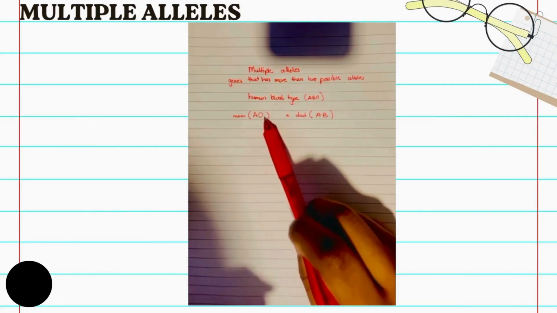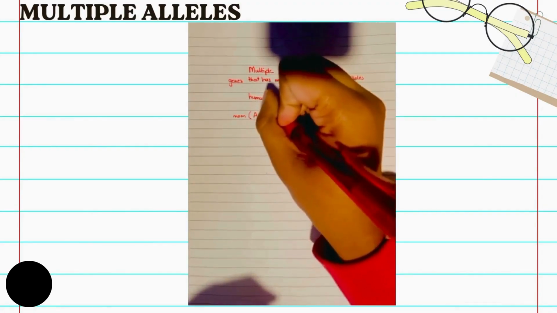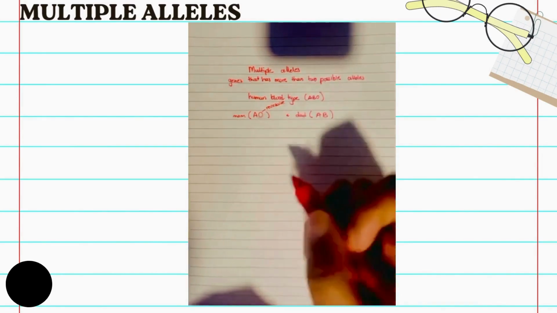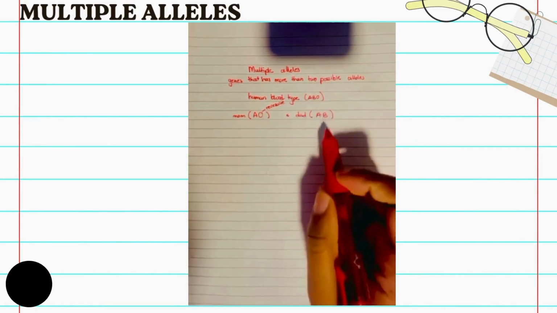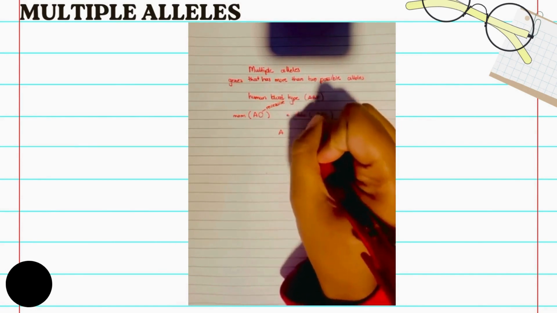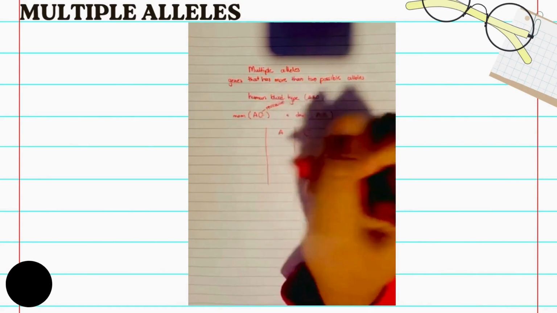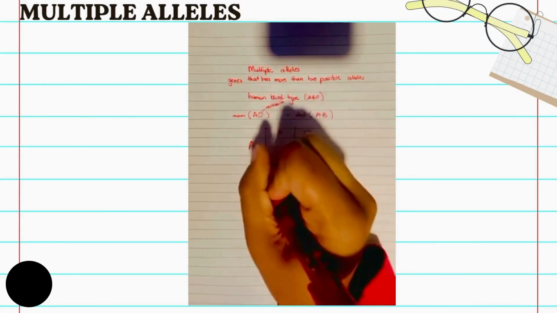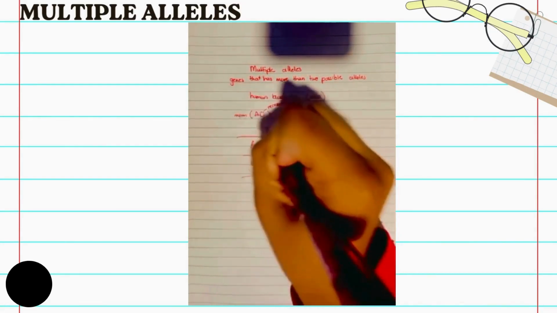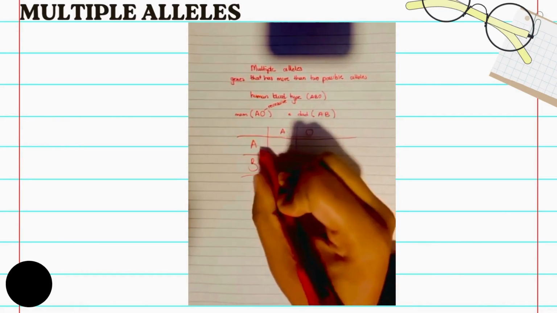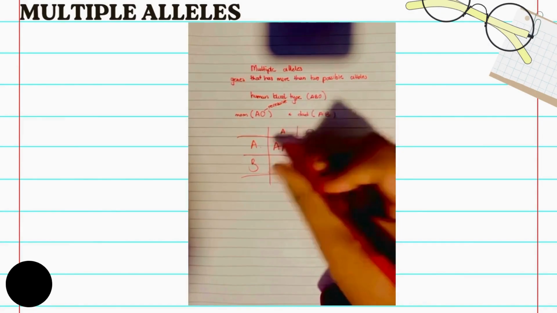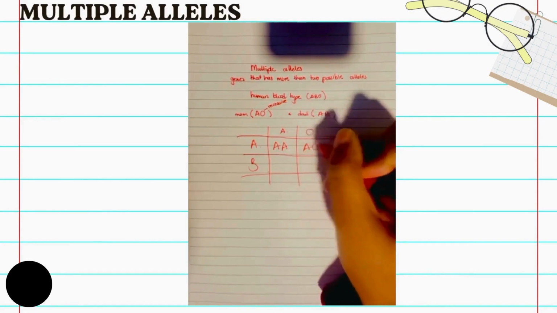So we're going to be crossing a mom with blood type A and a dad with blood type AB. The reason mom has blood type A is that the allele for O is recessive. So mom is considered to have blood type A, even though the alleles she has are the A allele and the O allele, but the O allele is recessive.